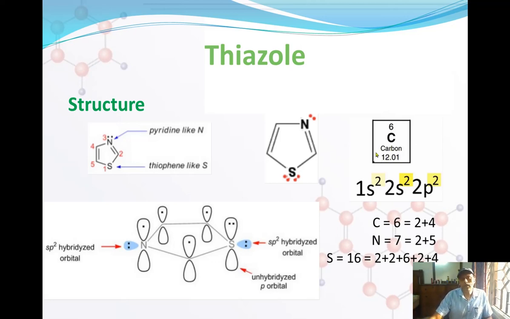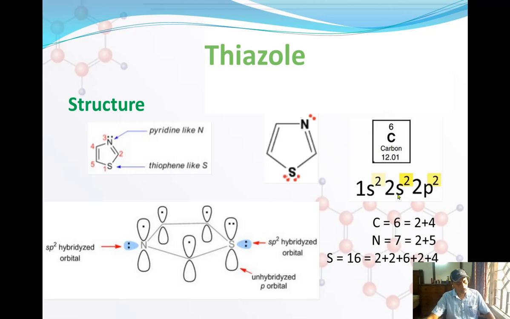Carbon has atomic number 6. That means it has got 6 electrons. Out of 6 electrons, 2 electrons go into the first principal level, so it will go into 1s2. So 4 electrons are remaining. The 4 electrons go into the next principal level, level number 2.